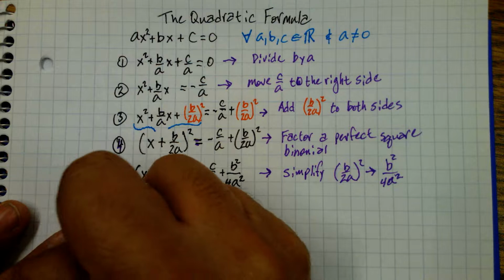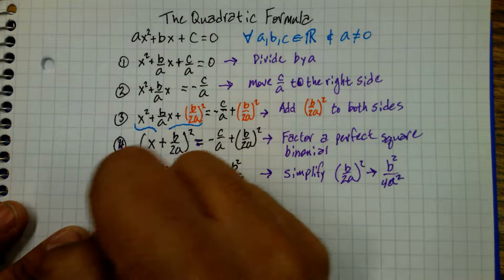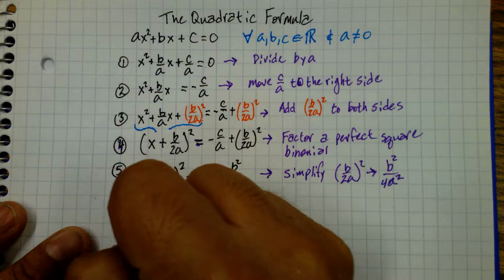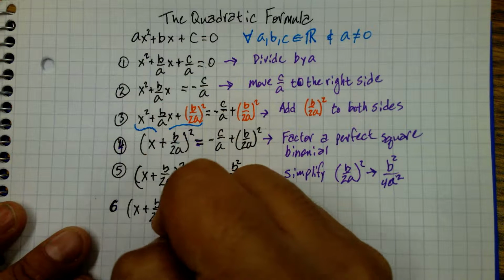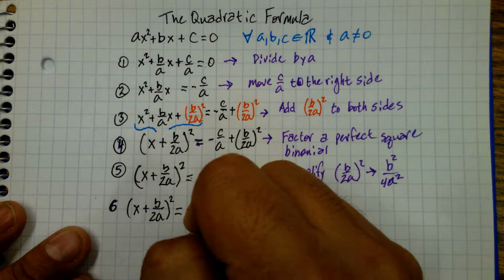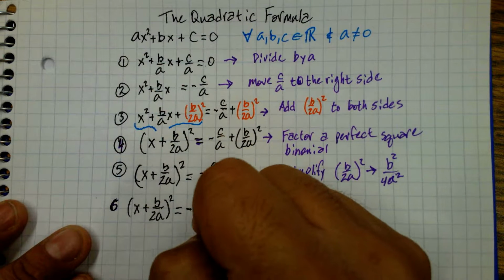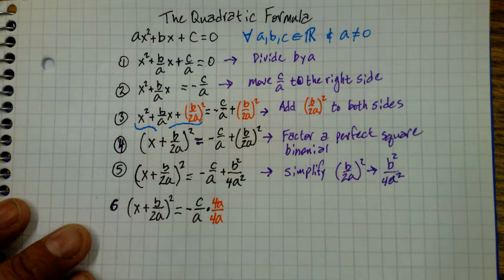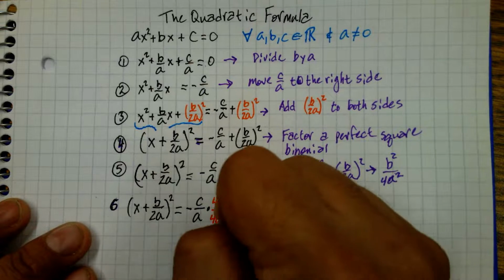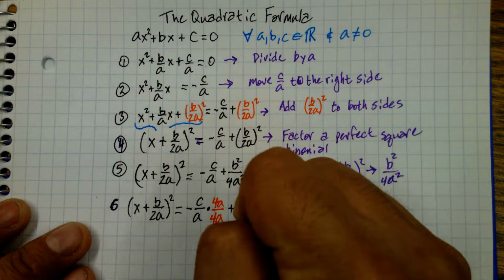So step 6. This stays the same. X plus b over 2a squared equals negative c over a times 4a over 4a, and then we still have plus b squared over 4a squared.